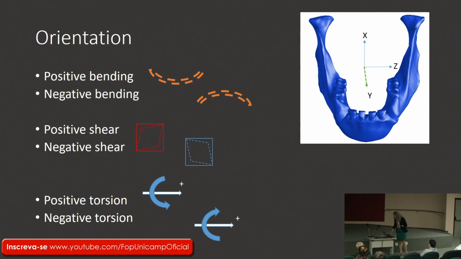If we're talking about torsion, positive torsion is counterclockwise looking towards the origin, and negative torsion is clockwise looking towards the origin, such that eversion of the right corpus results in negative torsion about the y-axis.